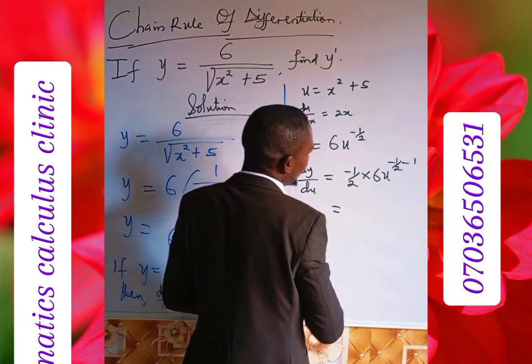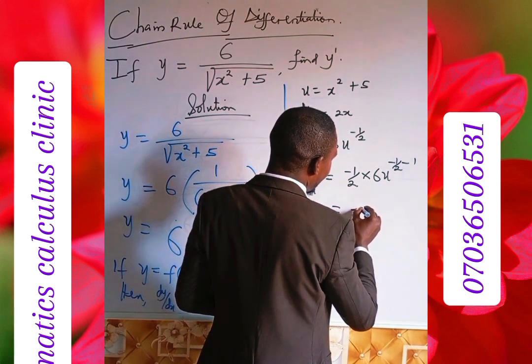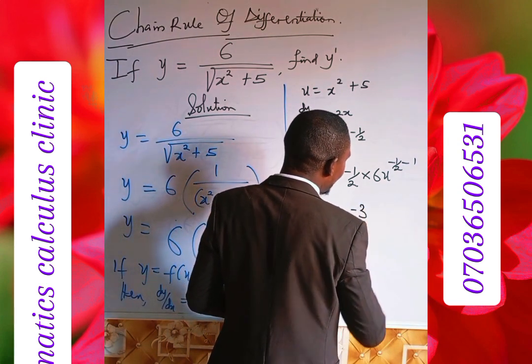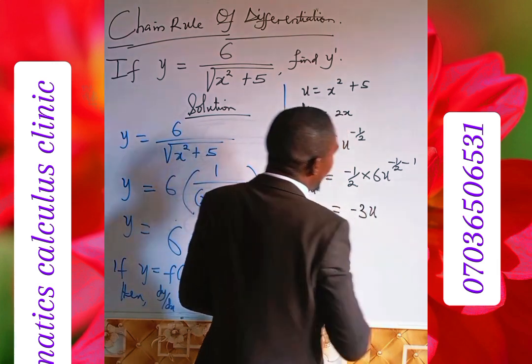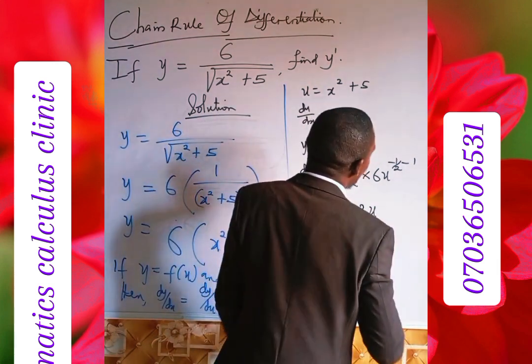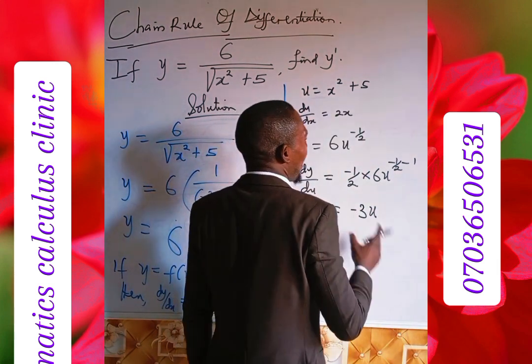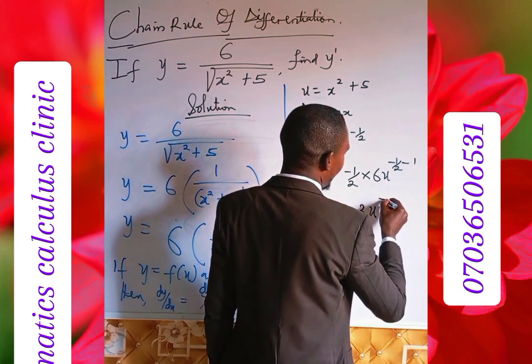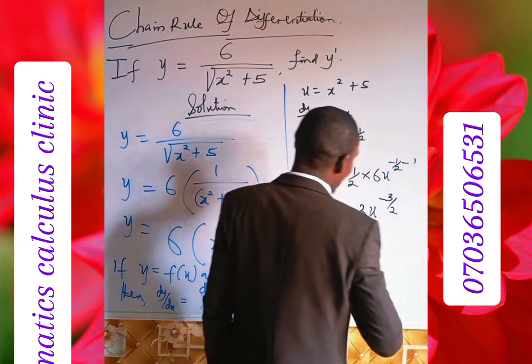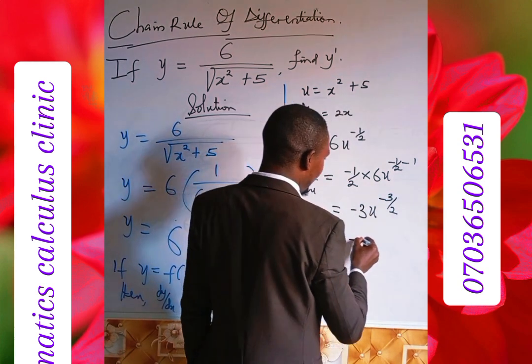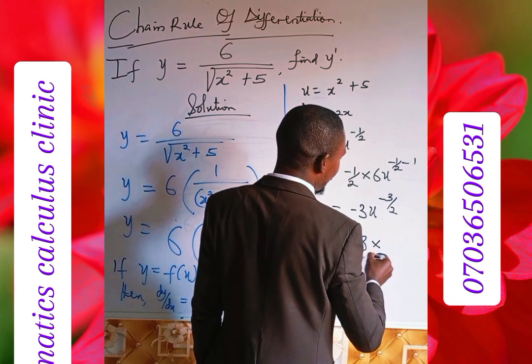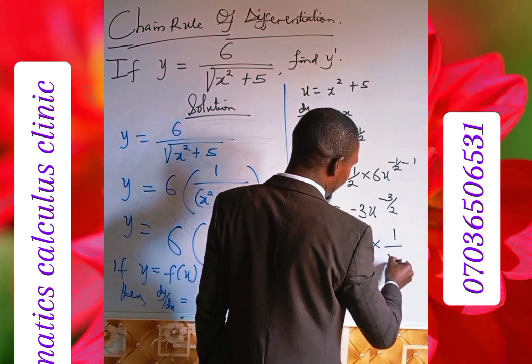This will give us minus 3 u raised to power minus half minus 1, which is the same thing as what? Minus 1/2, that is minus 3/2. This is the same as minus 3 times 1 over u raised to power 3/2.